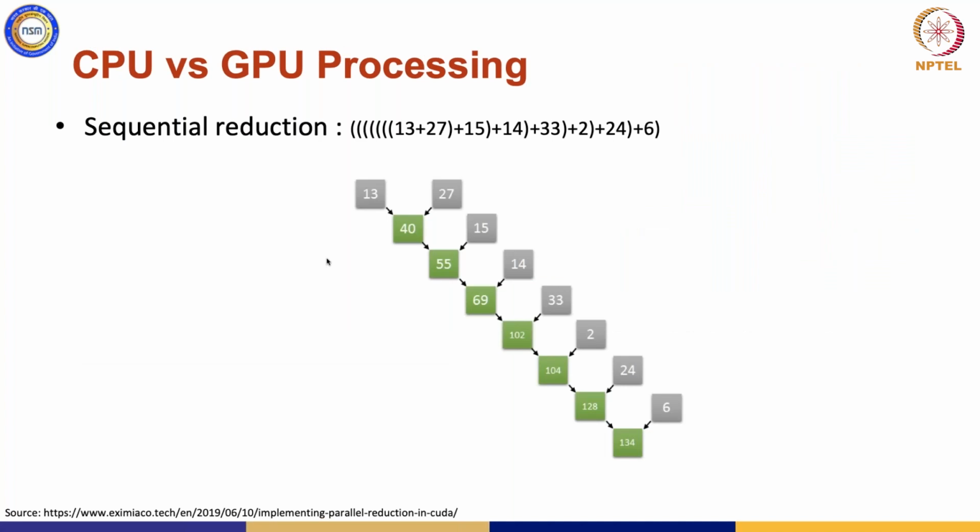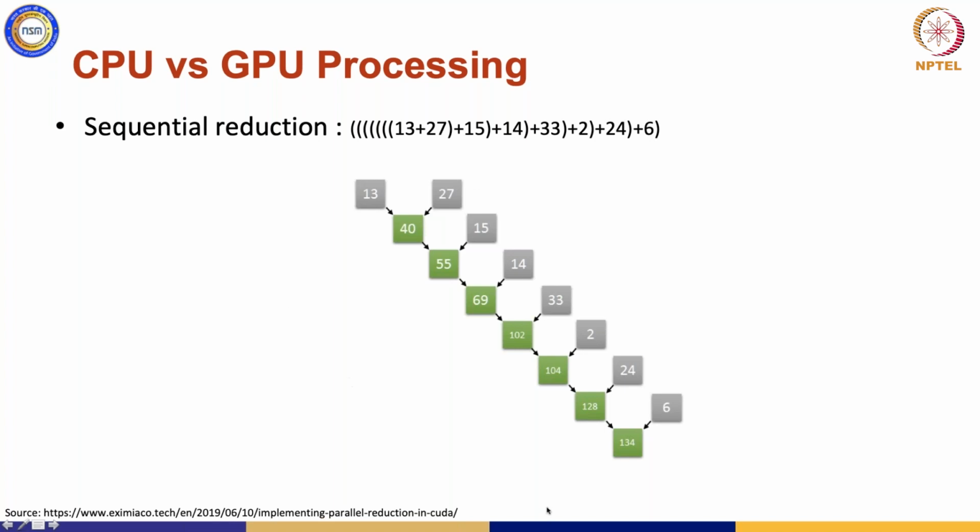Okay, so now let us try to understand a very, very basic thing, something which is called sequential reduction. For example, you have to add these numbers together. So let us say, how does sequential processing happen for it? You go on adding 13 plus 27, then you get that, and then you add 15 to it, then 14, then 33, 24 and 6.